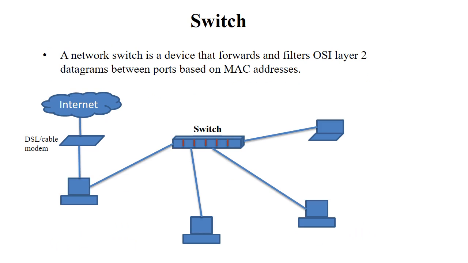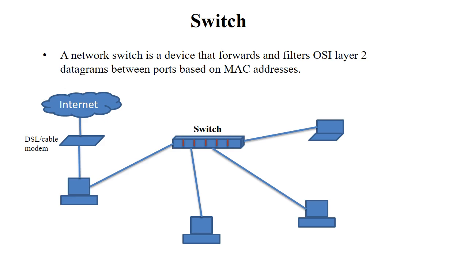Next, switch. A network switch is a device that forwards and filters OSI layer 2 datagrams between ports based on MAC address. Here is the diagram of a switch. A switch contains different ports, and all the computers and other peripheral devices are connected to it.